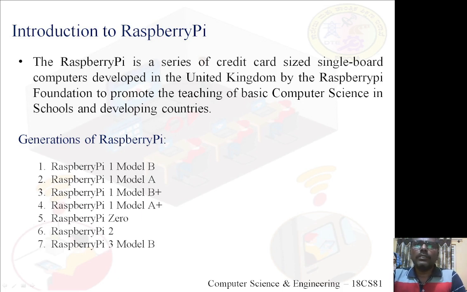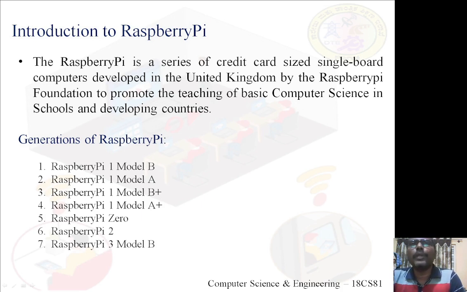Now let us look at generations of Raspberry Pi. The first generation, which initially innovated the small computer, is Raspberry Pi 1 Model B. Raspberry Pi 1 Model B is the original Raspberry Pi computer. Then Raspberry Pi 1 Model A was innovated.